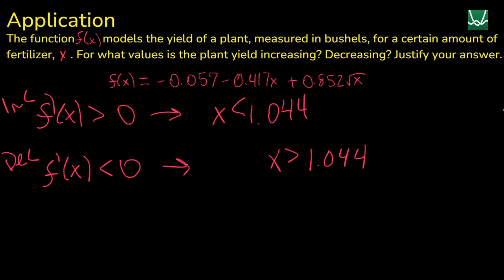Now, given answers that make sense in the context of the problem, we could actually use x between 3.896 and 1.044. Because remember, we talked about how the model doesn't make sense for values of x greater than 3.896.